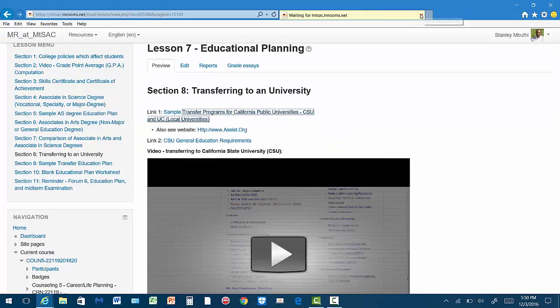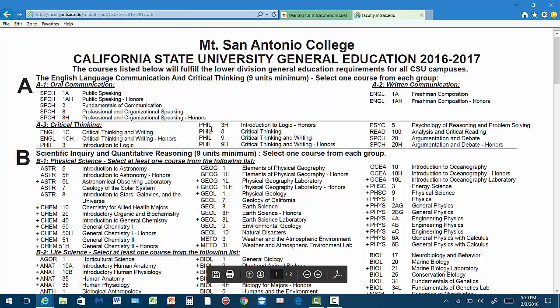Now let's look at link number 2 here. In addition to major, now you know where to find the information about specific major classes. Everybody needs general education regardless of the major of choice. So one who is going to Cal State San Marcos, in addition to taking the biological science classes listed in assist.org, has to come to area A and read instructions.